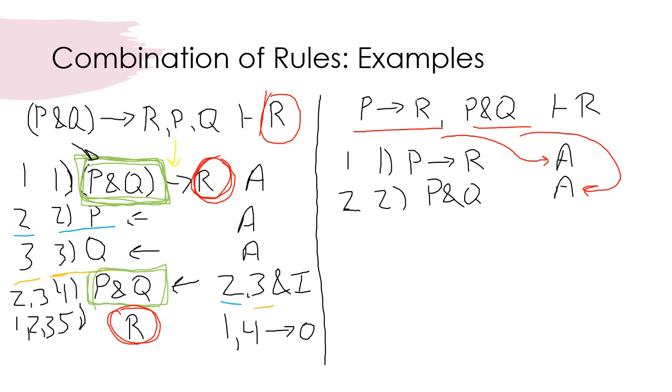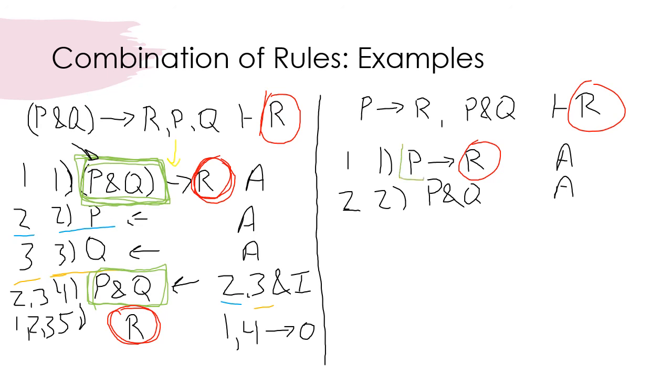Now, same sort of strategy as before. Let's look at what we're looking to prove, because what we're ultimately going to end up with is R. And where do we see R? Well, we see R here in our conditional. It's the only place it's not in our other premise. It's only in this premise. And what's our main operator? Our main operator in that line is the conditional. So I know I'm going to be doing the same thing as before.